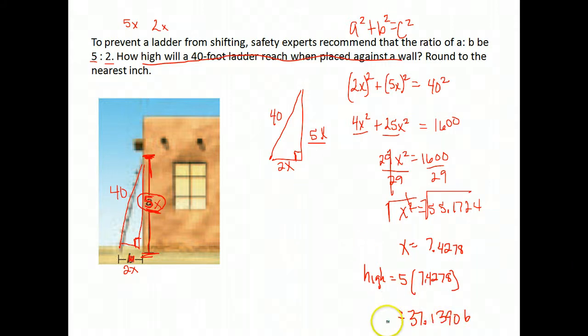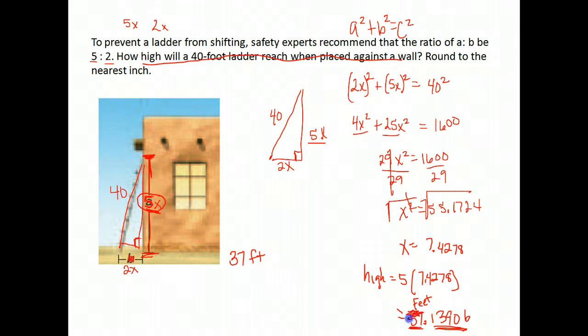Well, this was in feet. My measurements were in feet. So this whole number here in front, that's my number of feet. So I have 37 feet. And then the decimal part down here, that's parts of a foot. So if you want to know how many inches that is, what you're going to do is just take the feet off of the front.